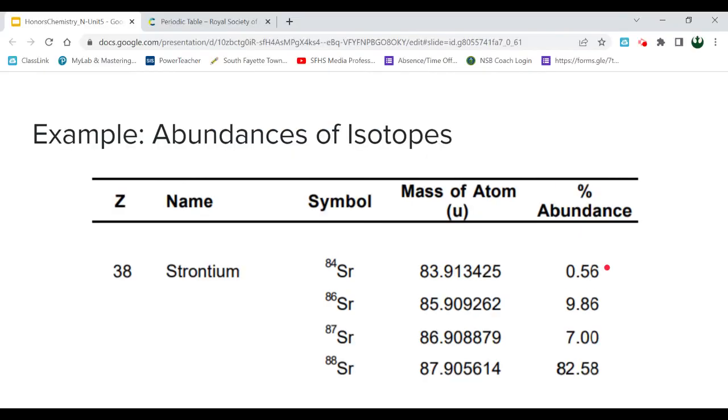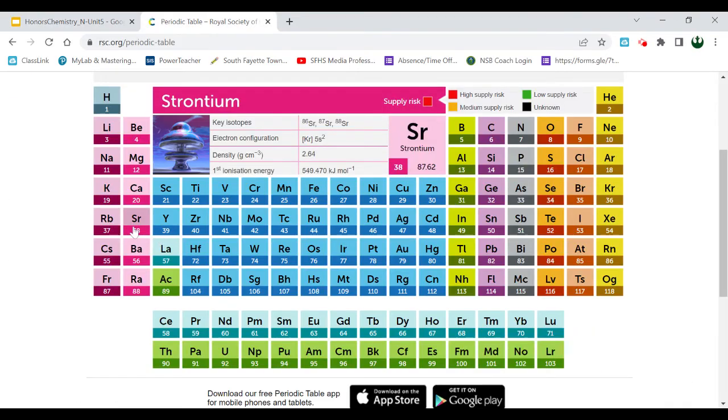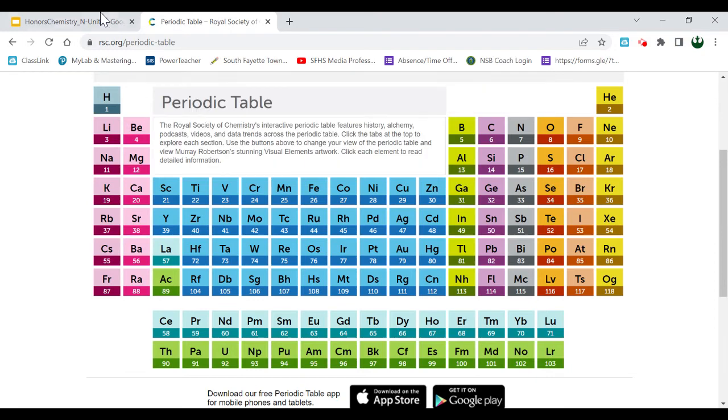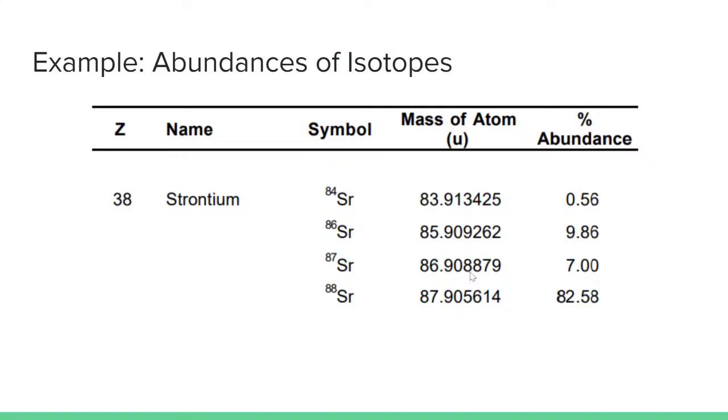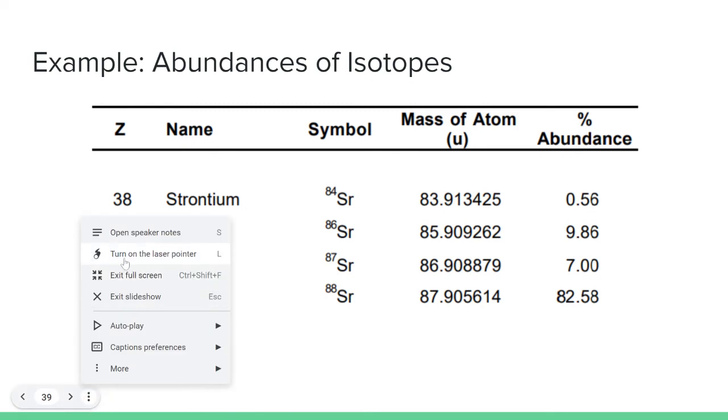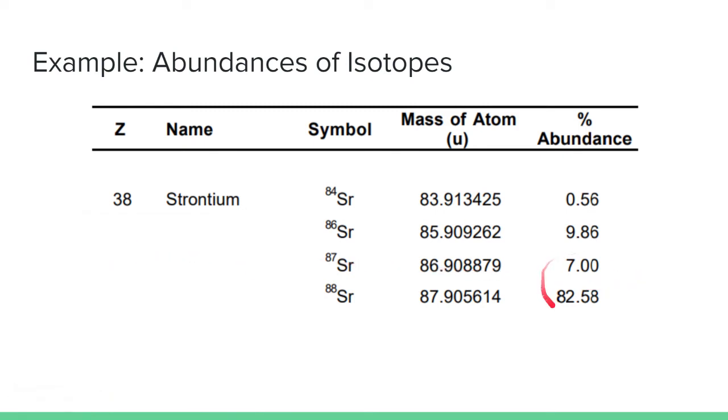But if we go to our periodic table and we take a look at strontium, right? The atomic mass of strontium at the bottom of its symbol is about 87.62. It's closest to the mass of our most abundant isotope.